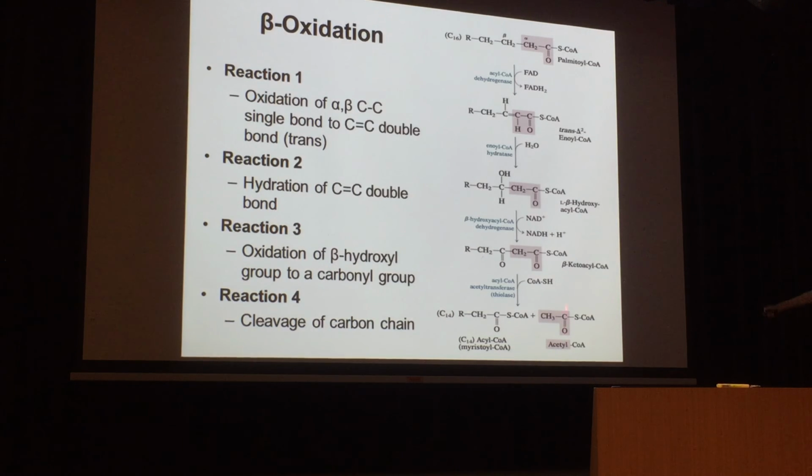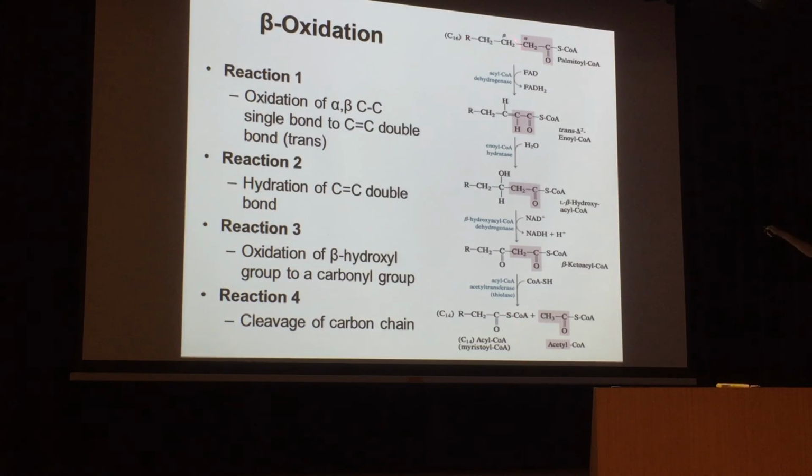And final step, now this looks very much like acetyl-CoA already. So this enzyme called thiolase, or acyl-CoA acetyltransferase, we just call it thiolase, will then come in together with CoA to cleave this molecule and add another CoA over here on the remaining chain.